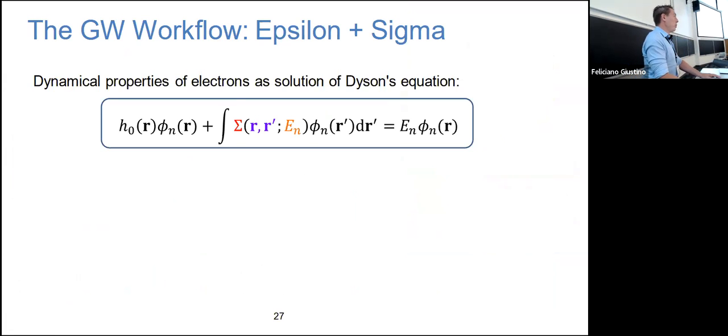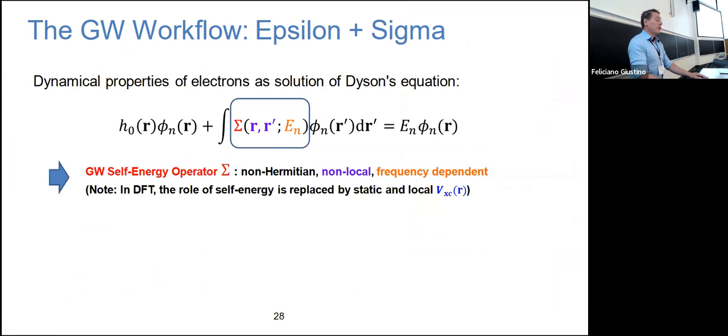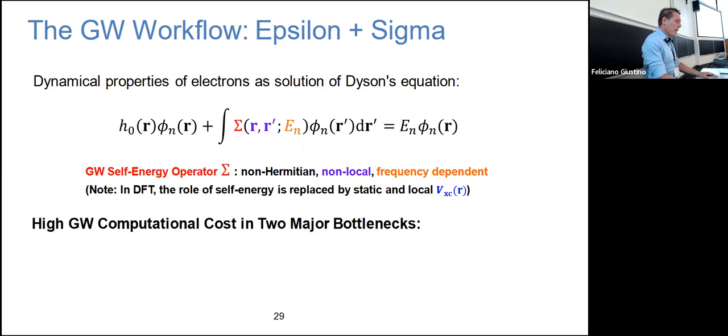It's very similar to a Kohn-Sham equation, with the difference that all the complicated quantum mechanical interactions among the electrons are described by an effective potential, known as the self-energy. The self-energy serves a very similar role to the VXC potential in density functional theory, with the difference that it is a more complex object: a non-Hermitian operator, non-local and frequency dependent.